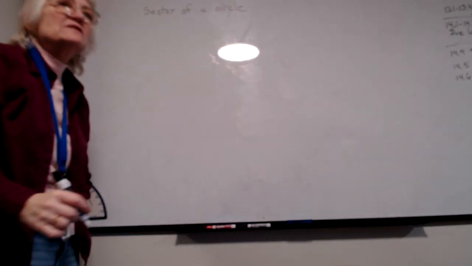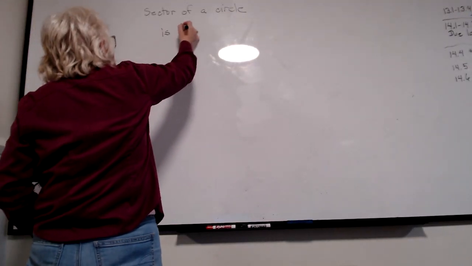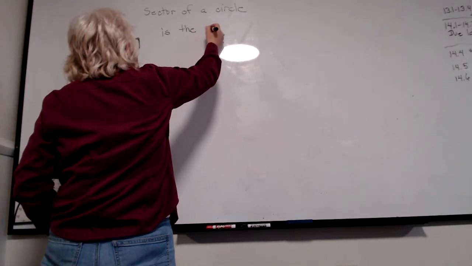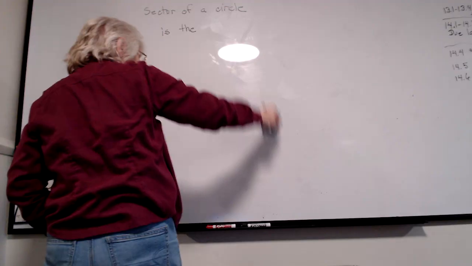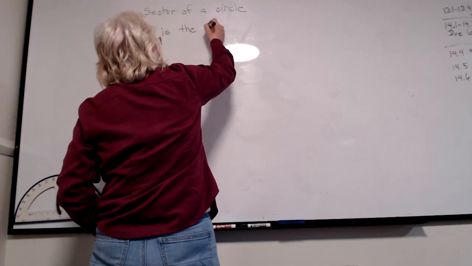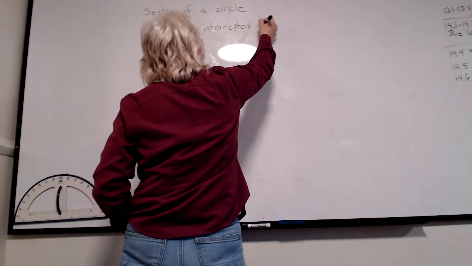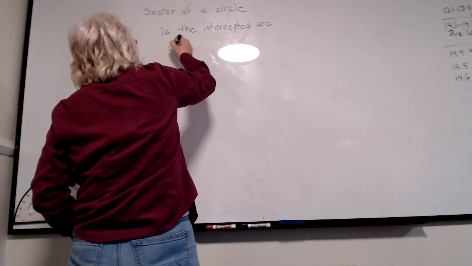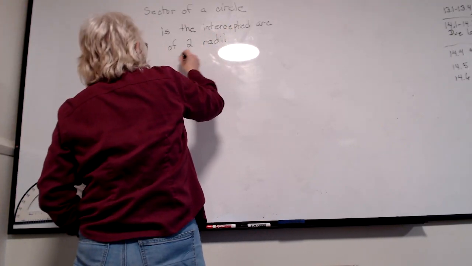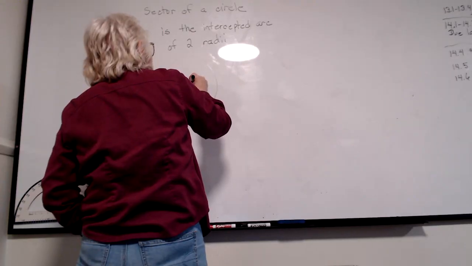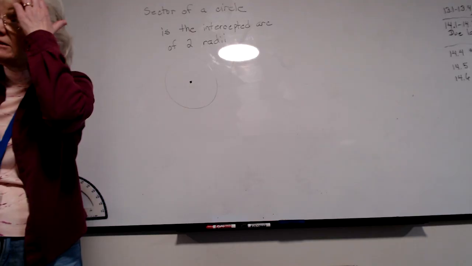A sector of a circle is the intercepted arc of two radii. Okay, so basically, the sector will always be in the center, okay?